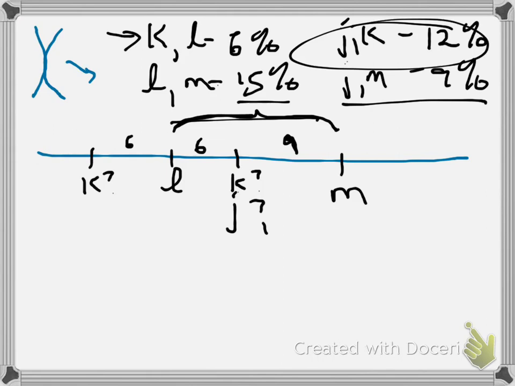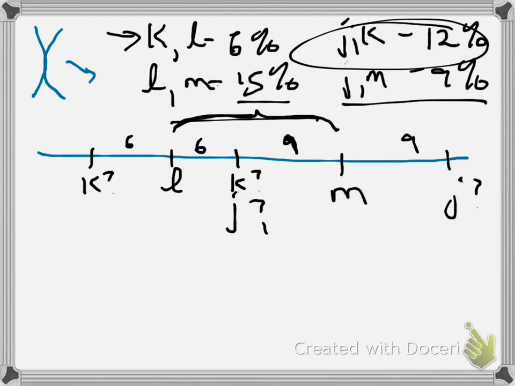Alright, so it's one of them there, or nobody's there. We'll figure that out in a minute. So M is 9% away from J, so I guess J could be over here, right? 9 away, is that possible? Alright. Well, let's find out.